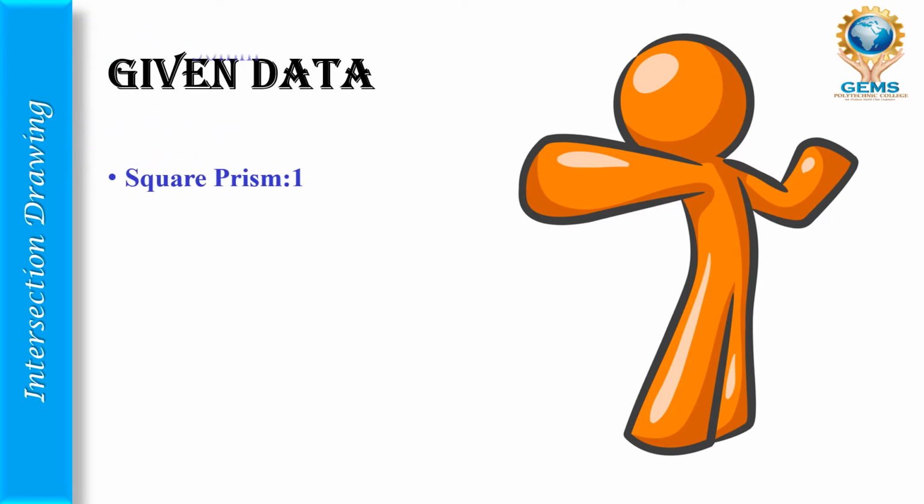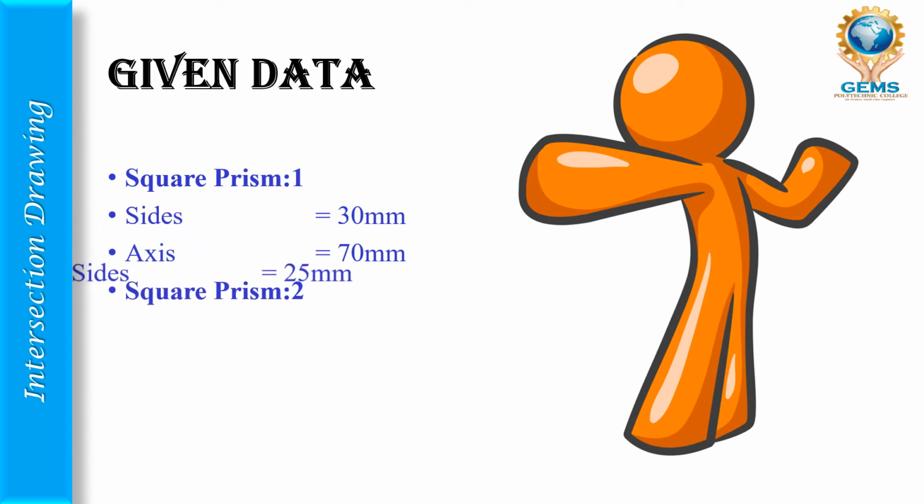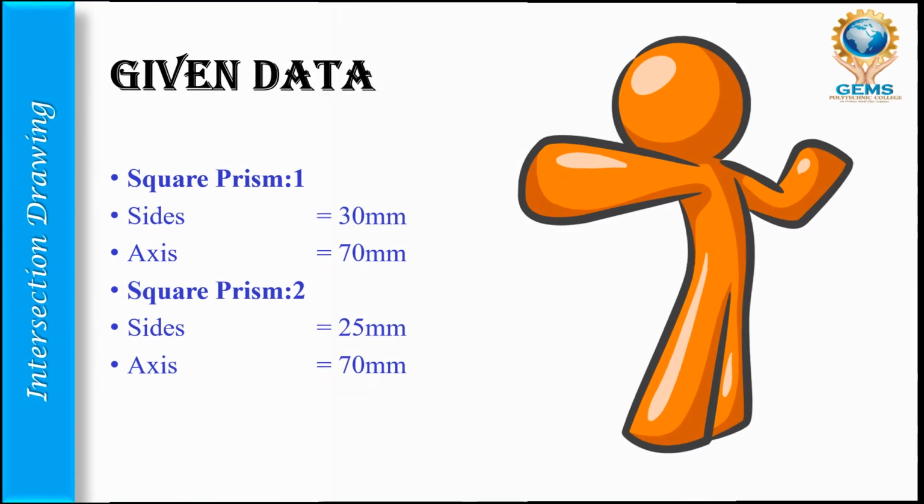Square prism number 1: the sides are 30 mm and the axis is 70 mm. In the same way, square prism 2: the sides are 25 mm and the axis is 70 mm. So both axes are the same, only the sides differ by 5 mm.